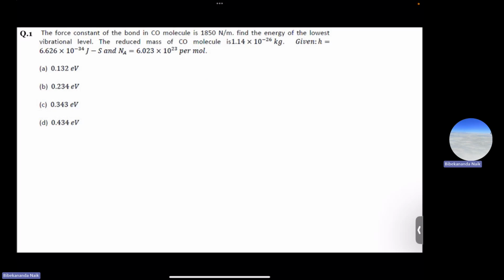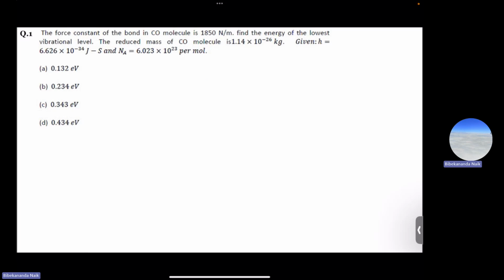The question says the force constant of the bond in carbon monoxide molecule is 1850 Newton per meter. Find the energy of the lowest vibrational level. The reduced mass of the carbon monoxide molecule is 1.14 into 10 to the minus 26 kg, Planck's constant is 6.626 into 10 to the minus 34 joule second, and Avogadro's number N_A is 6.023 into 10 to the 23 per mole.